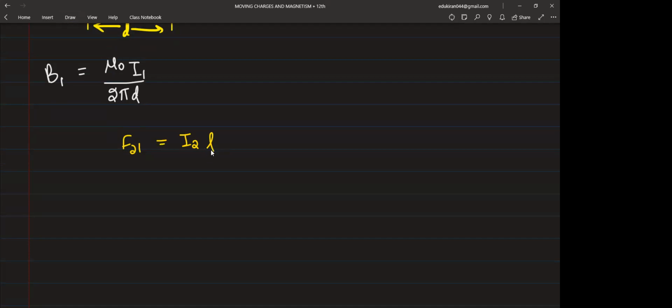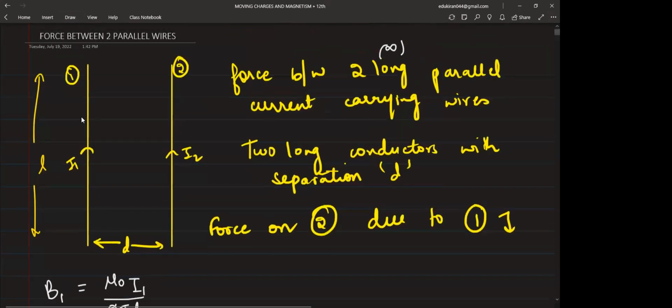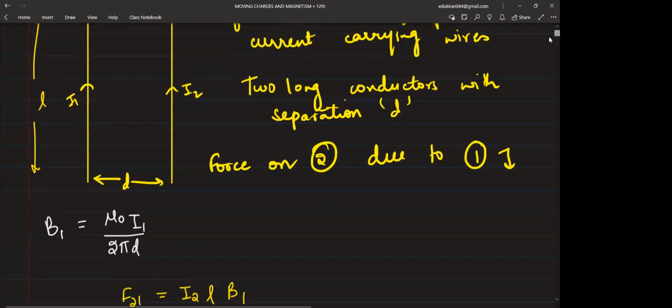Length is anyway same of both the wires. But magnetic field will be first one, na? See, two wires are present and first one is generating a magnetic field that is getting influenced on our second wire. That's why we are calculating force between two parallel wires, right? So here in the second wire, I2 current is flowing, but the magnetic field will be due to the first one.